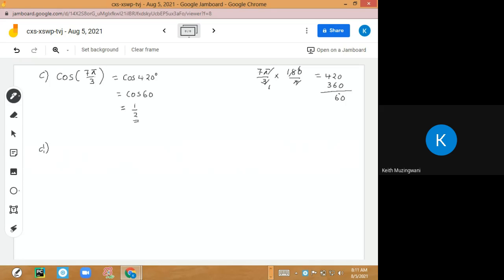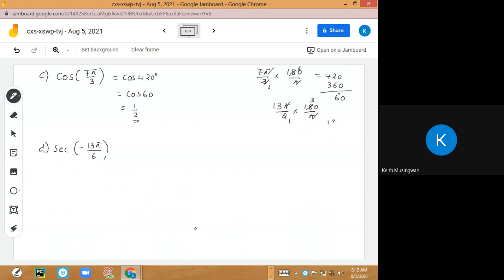D, sec negative 13 pi over 6. So okay, what is 13 pi over 6? By 180 over pi, this is here 30.